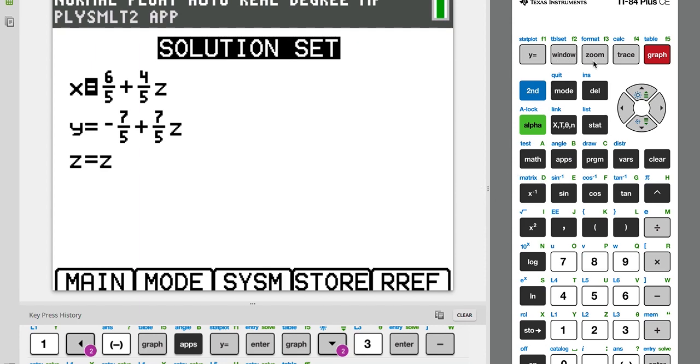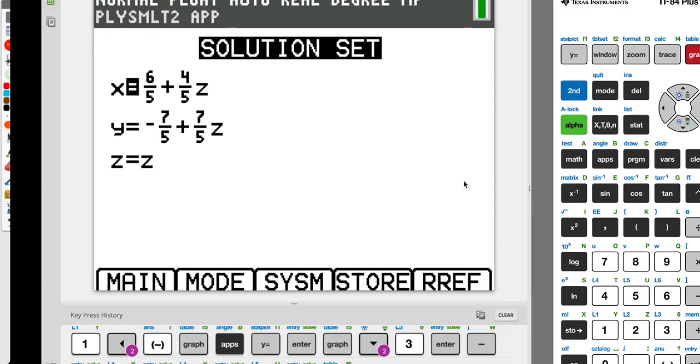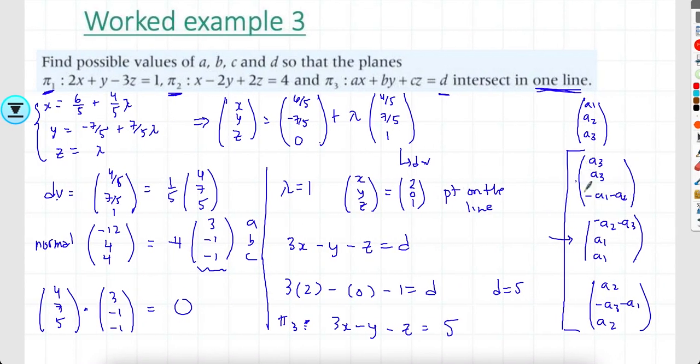Now, the numbers you previously saw before I erased this was actually me using a different combination of the normal plane here and getting a different plane. So I got a different plane here if I use a different normal vector.